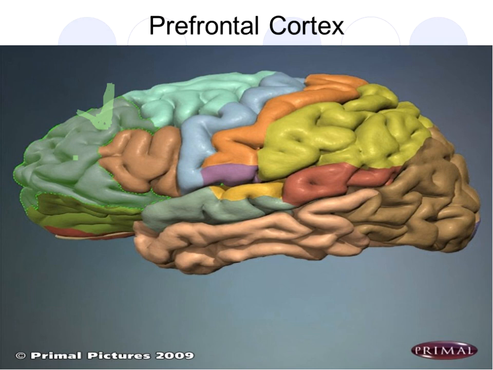You can see that the mouth is located lower on the primary motor cortex or Brodmann's area 4. Okay, so this area here is Broca's area, where language is represented. So if that lesion extends on into the lower part of the precentral gyrus, the person is going to have difficulty talking as well as using language. Okay. Any questions thus far?